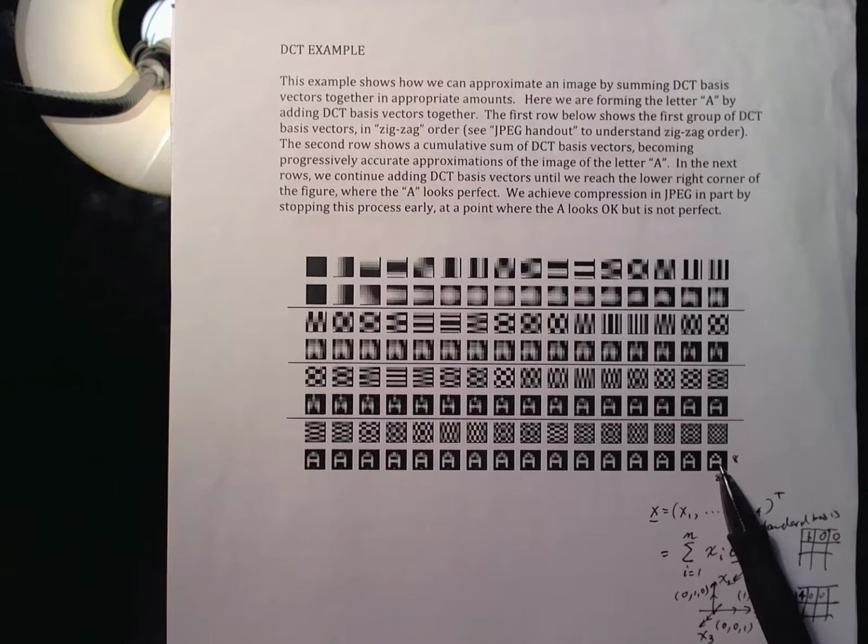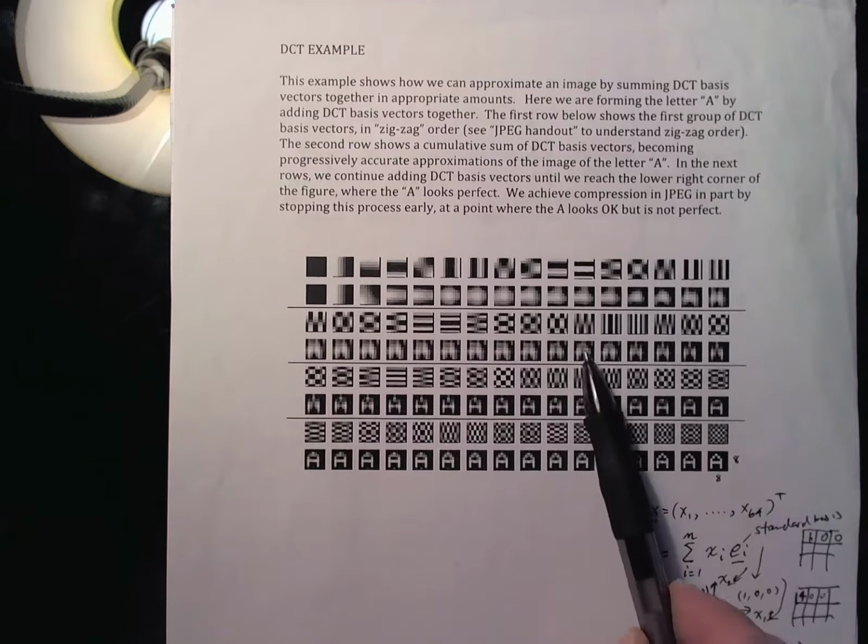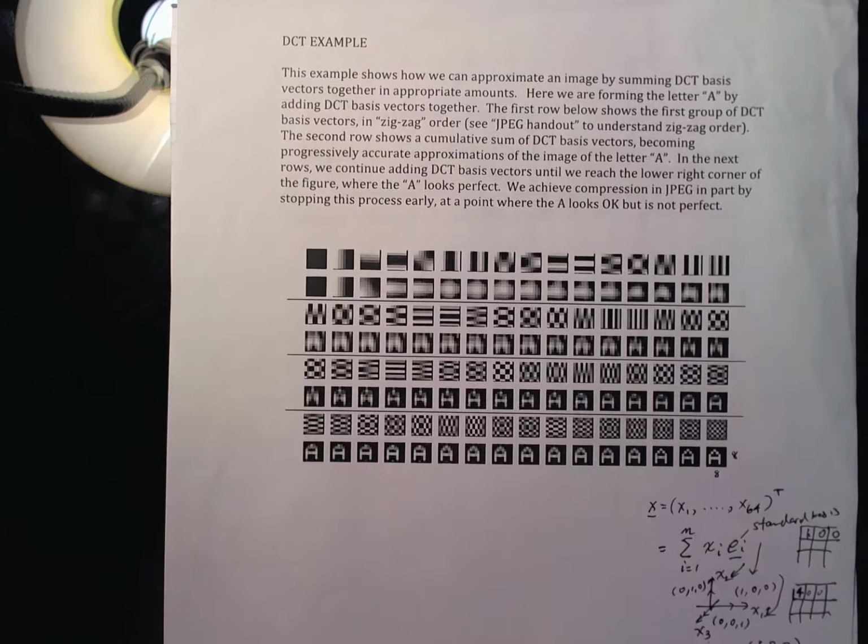Remember I showed you in class a picture of a man climbing on a mountain, doing mountain climbing, and you saw little blocks, little square regions of the image that looked a bit messed up. These are those little square regions, and what you're seeing in these examples are what it means to be messed up.